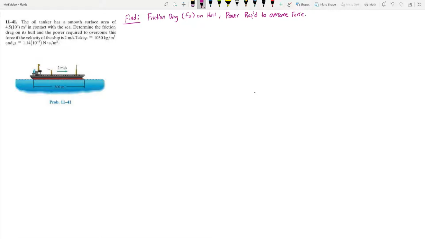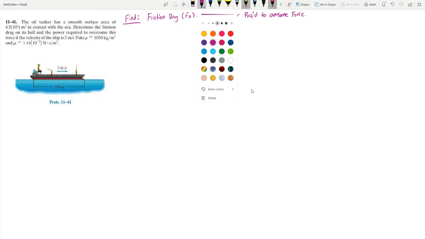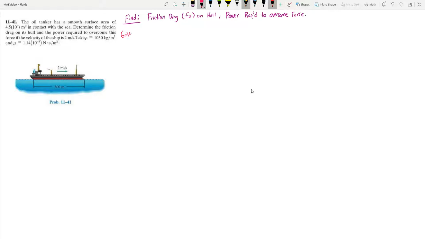Okay, and then I also like to write out our givens. So we're given the surface area, and that's saying it's 4.5 times 10 to the third meters squared.